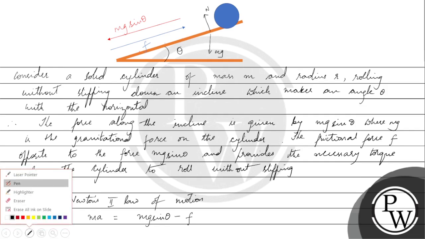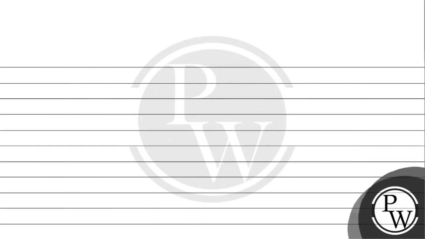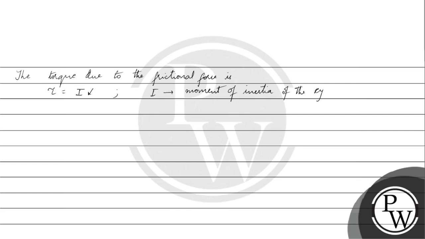So the torque due to the frictional force, tau is equal to I alpha, where I is the moment of inertia of the cylinder and alpha is the angular acceleration.